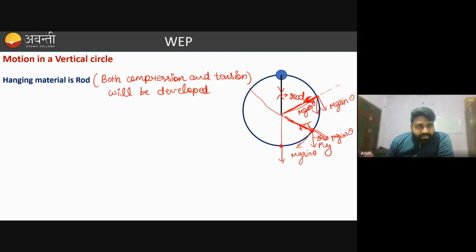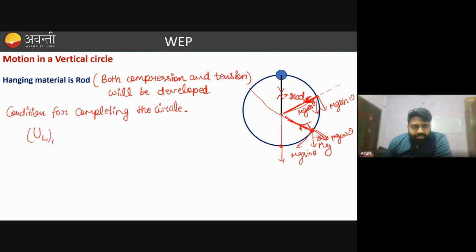So we can say the condition for completing the circle. Again, we can apply the conservation of mechanical energy here, but I'm writing the same for you: at the lowest point, the minimum velocity that we should impart here is root 4gl.